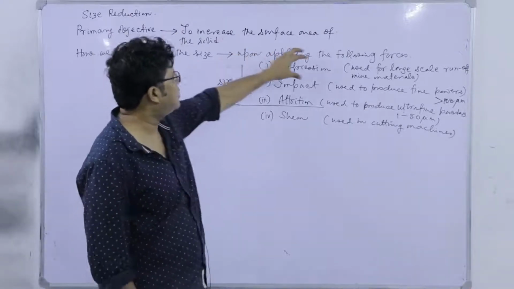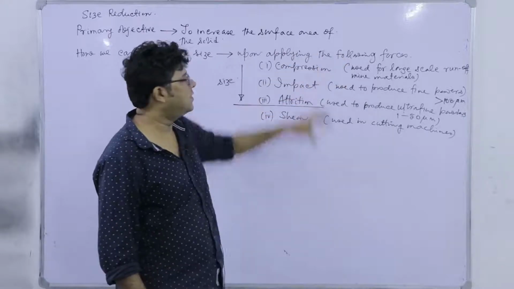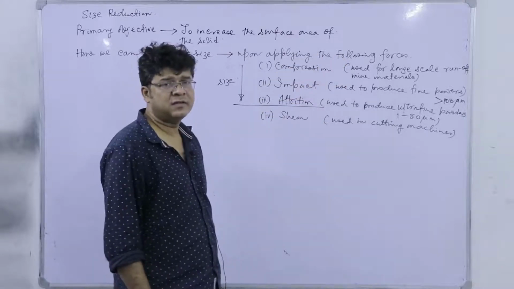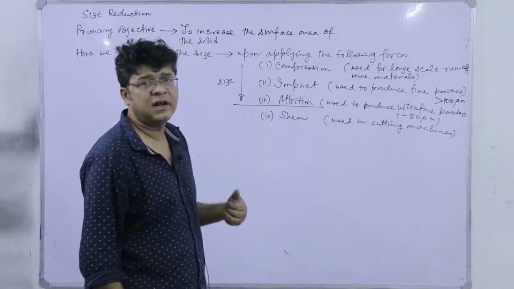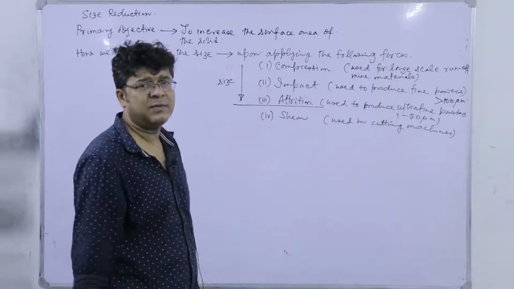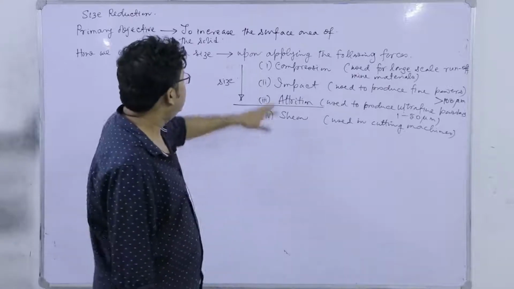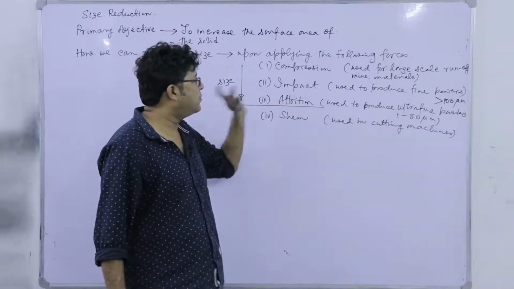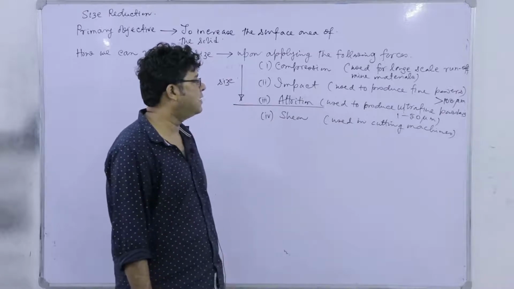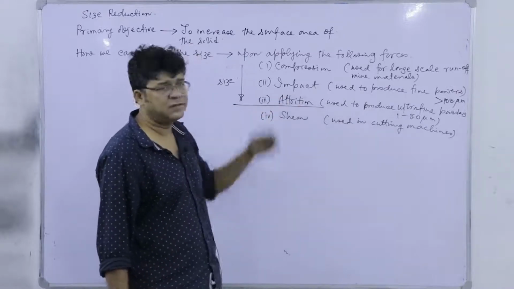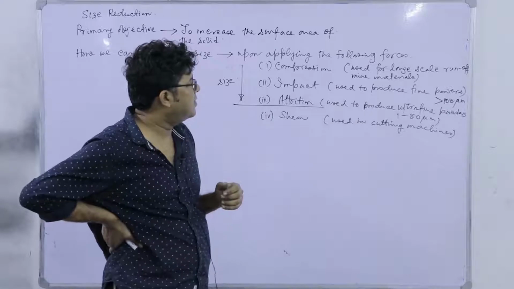Initially, compression is majorly used in crushers, where the feed is run of mine material of any size, and it reduces to a size of about a quarter inch. Next is impact, which is used in fine grinders, and next is attrition for ultra fine grinders.